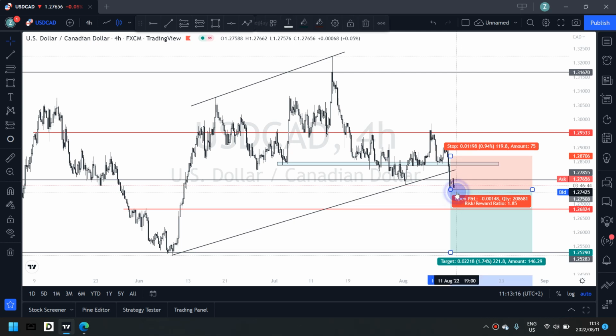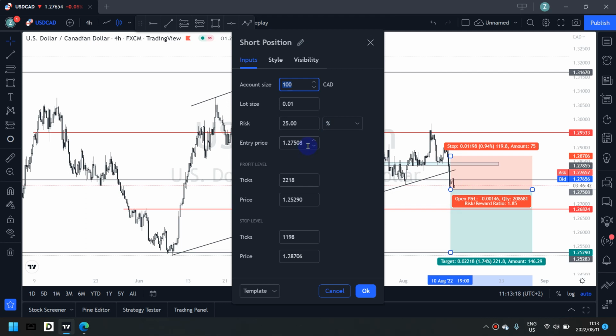So what I want to do is to add the prices of my stop loss, my entry, and my take profit, right? So my entry price is at 1.27494.